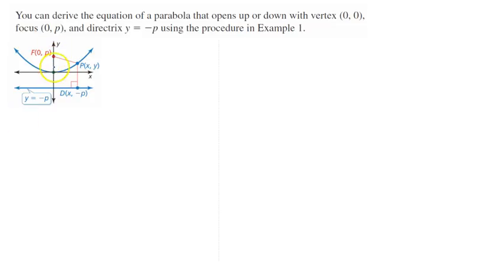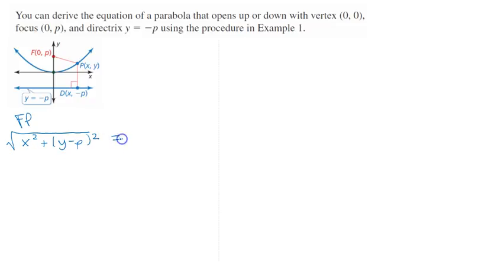Let's do the distance between F and P. That is the square root of the difference of the x values. So x minus 0 is just x, and then we square that, plus the difference of the y values squared. Same direction, we did x minus 0, so we'll do y minus p.